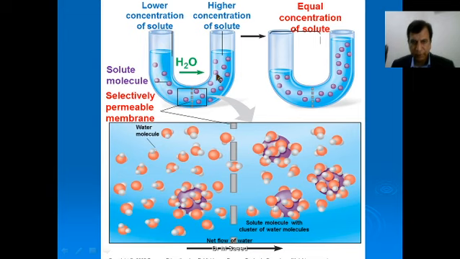Here you can see the concentration of solute is high. Water concentration is less. This is hypertonic. Water will flow from this column to the right column.